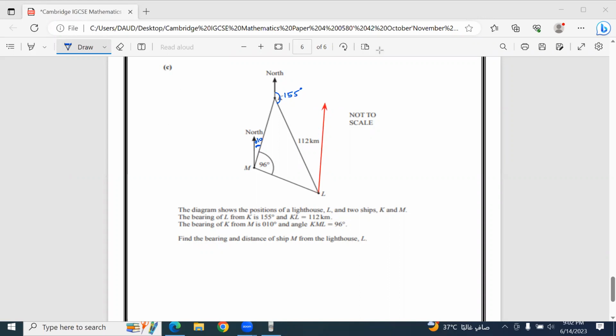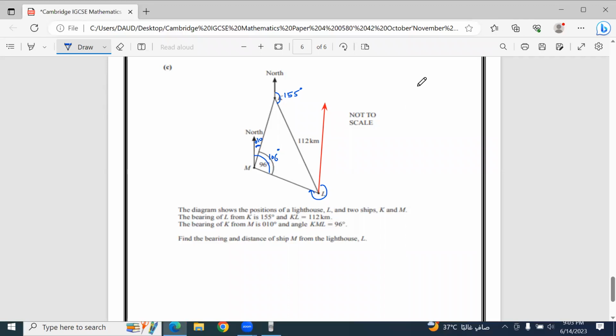Remember that the bearing of M from L is measured from north, moving right till we reach M. This is our bearing, okay? So how to find this angle? We must know the inside angle. And remember that this full angle is 96 plus 10, which is 106. Yes? 96 plus 10.